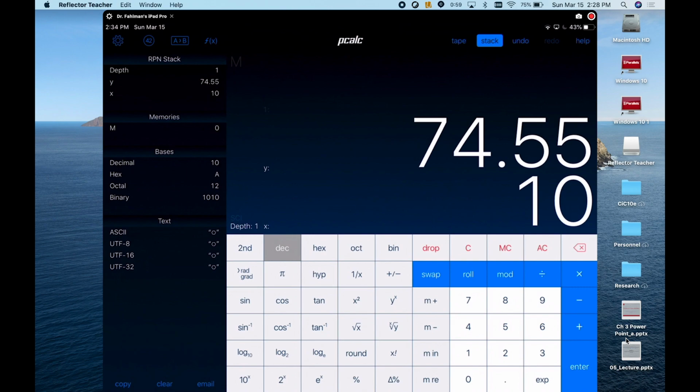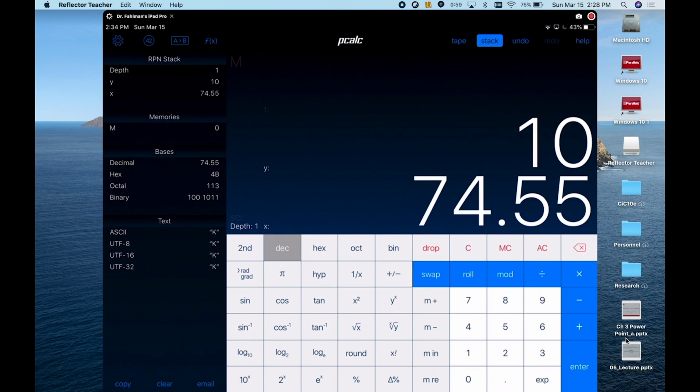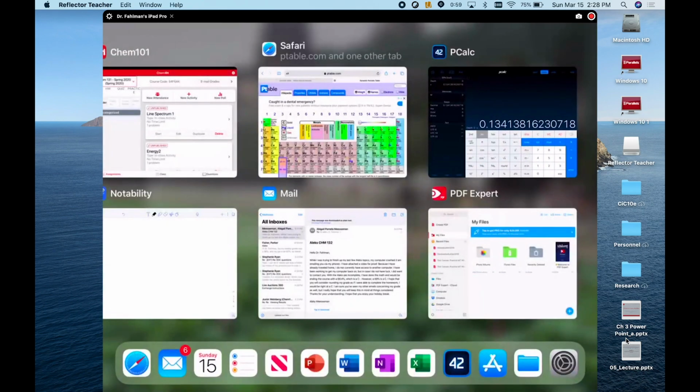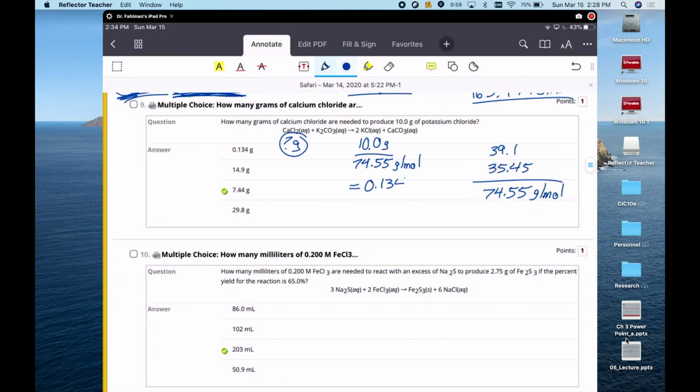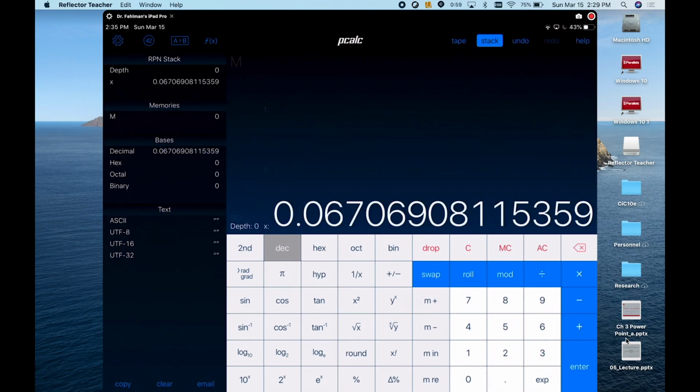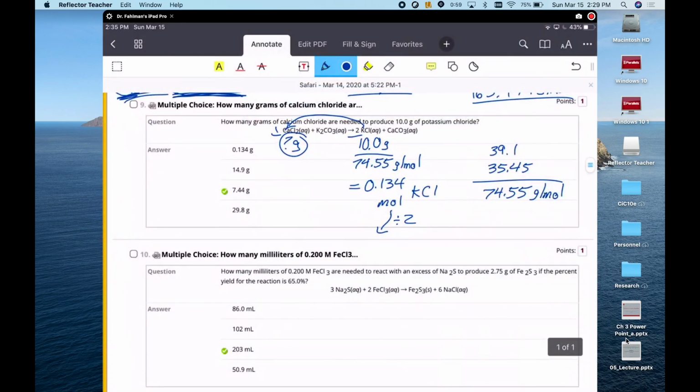So if we do 10 grams, that's 0.134 moles of KCl. Now we want to know calcium chloride, so it's a 2-to-1 ratio, so you just divide by 2 in this case. 0.134 divided by 2 is 0.067 moles of calcium chloride.